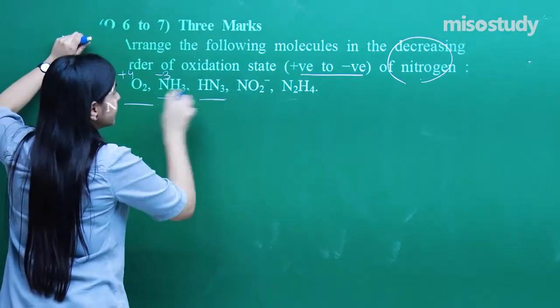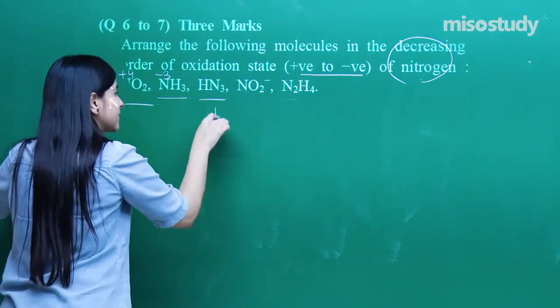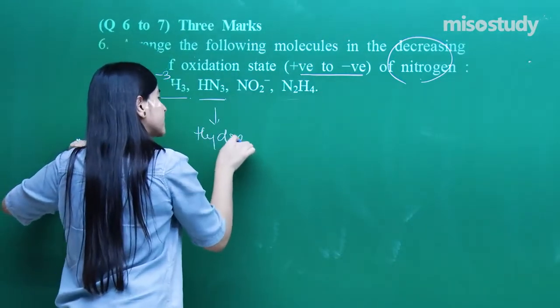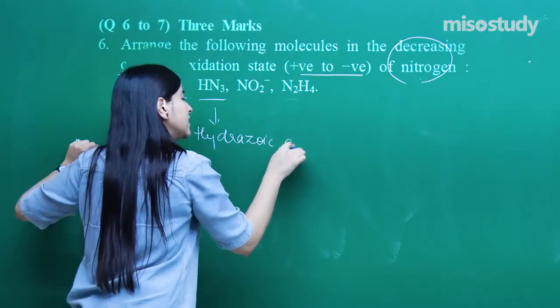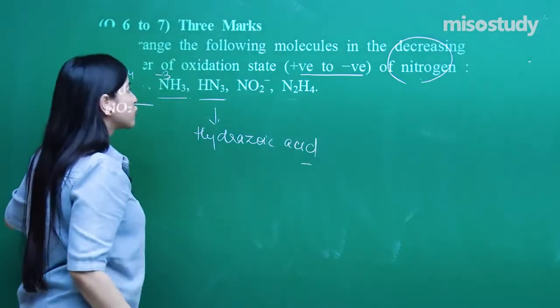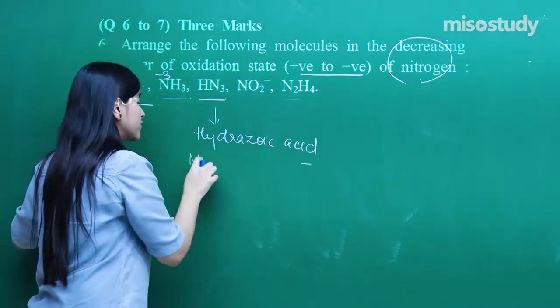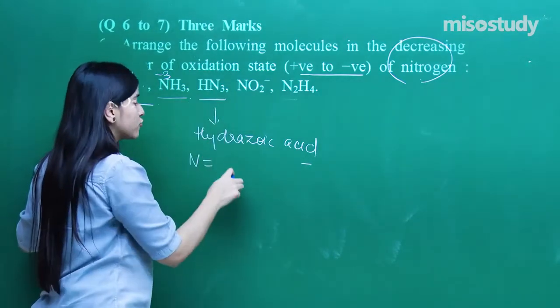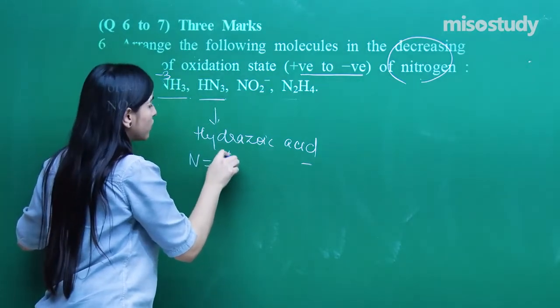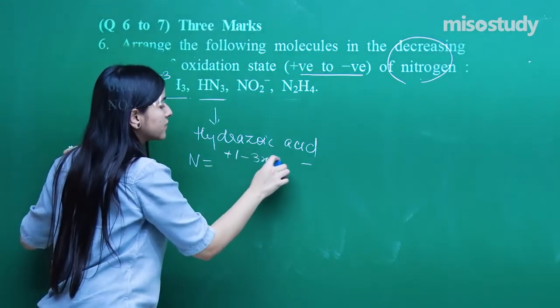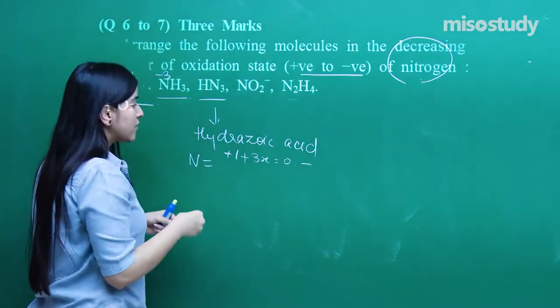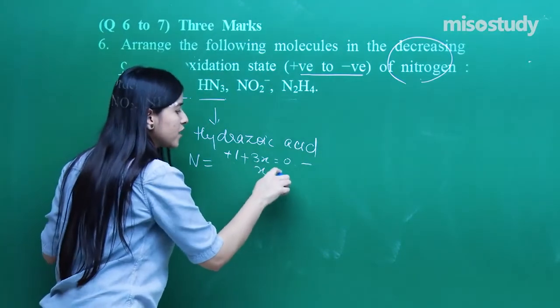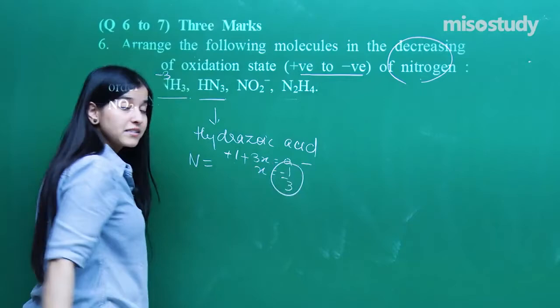This one, see here, this is hydrazoic acid, right? And if you try to find the nitrogen oxidation state, assuming that the hydrogen is +1, then +1 plus 3x equals 0, so -1/3 is the state.